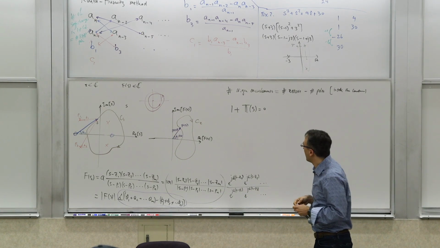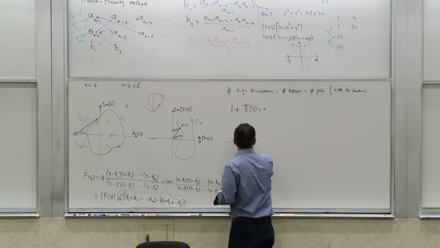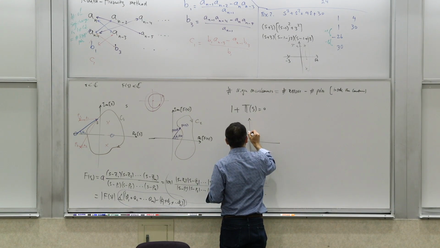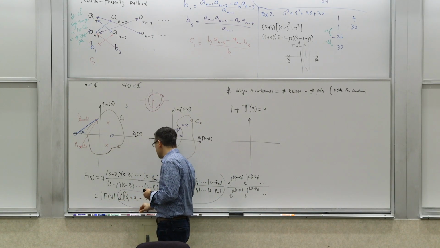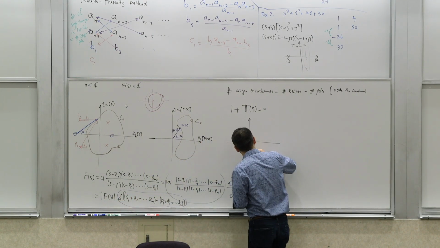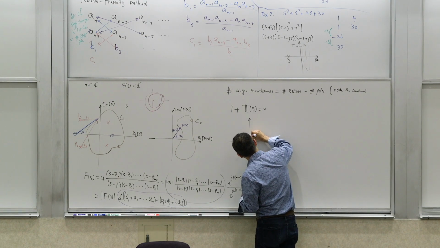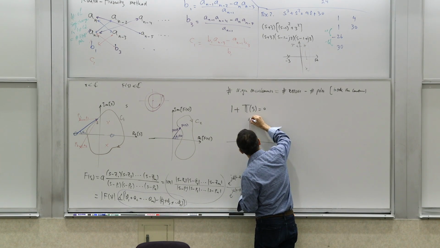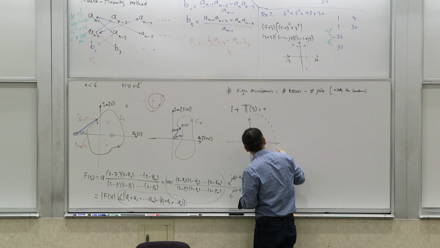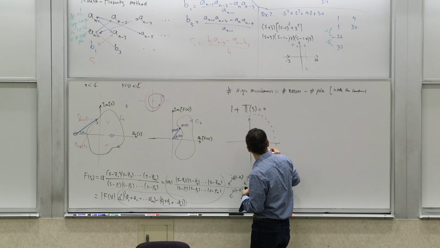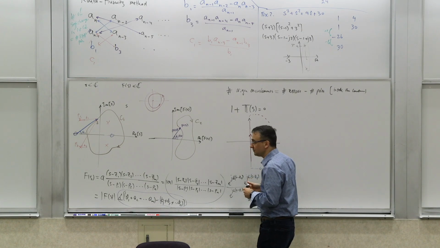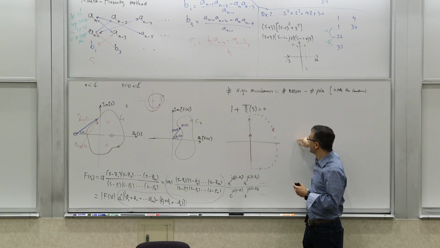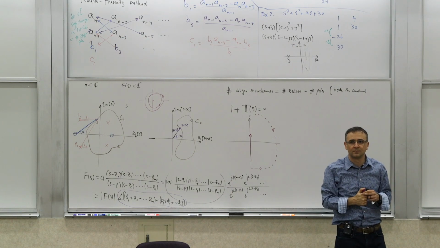So if this is the S-plane, the contour that we can choose for something like this is this line. We can go all the way to infinity and then come back. So basically, we encircle the entire right half plane.